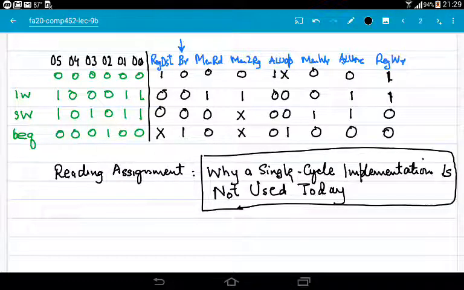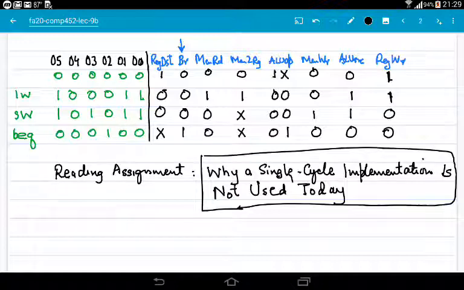And with this we come to the end of our lecture, and now we will see what is pipelining.